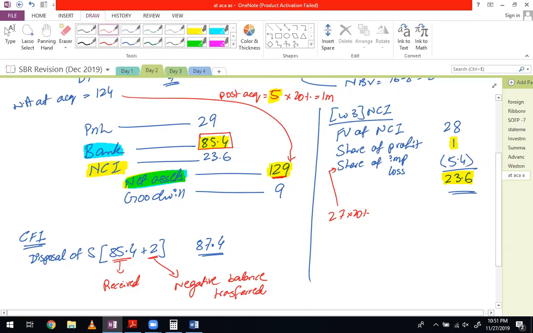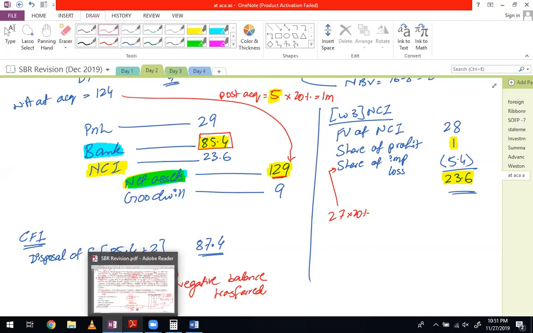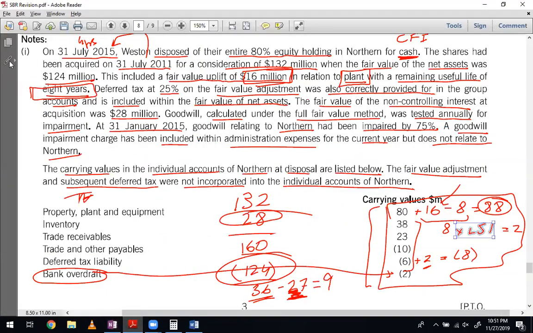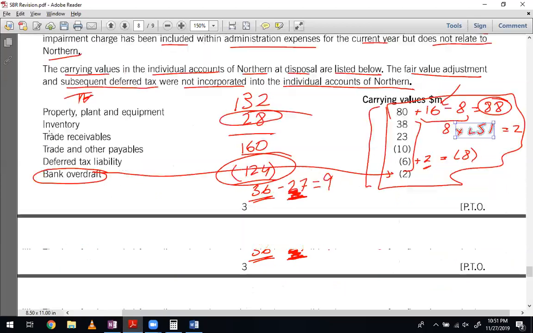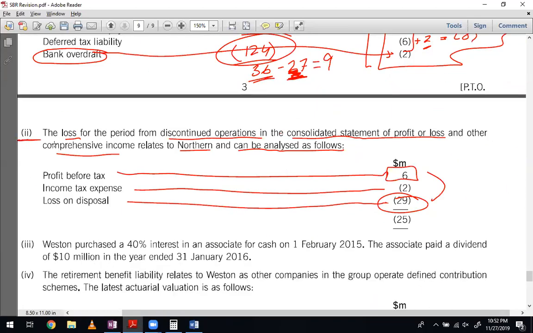A negative balance going to someone else is a type of a cash inflow for us. So that is how we use the adjustment number 1 and adjustment number 2 to prepare the cash flow so far.